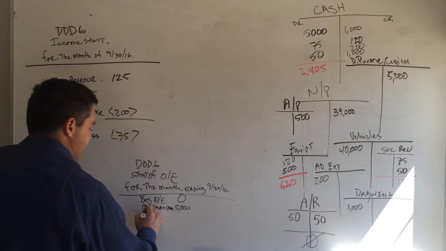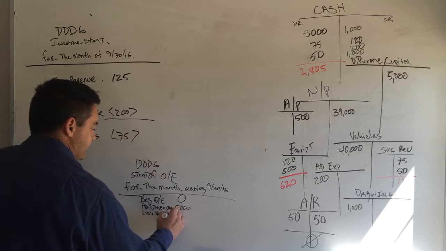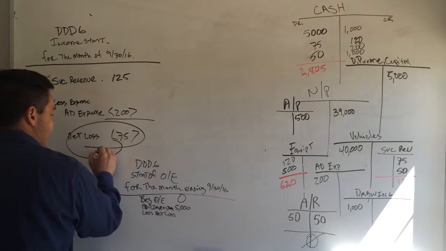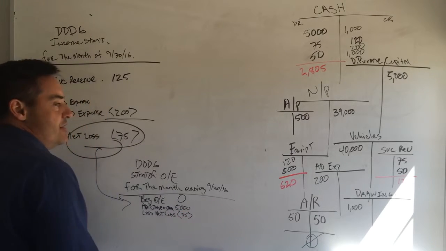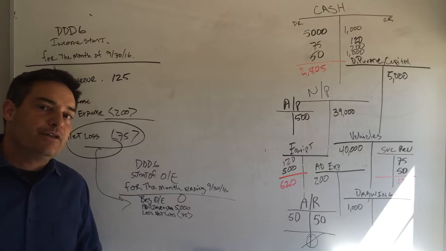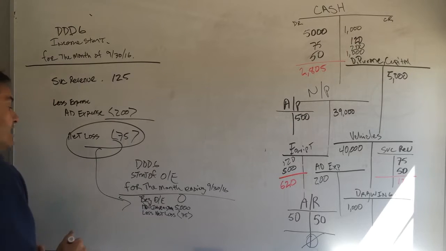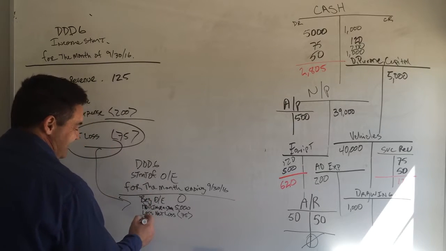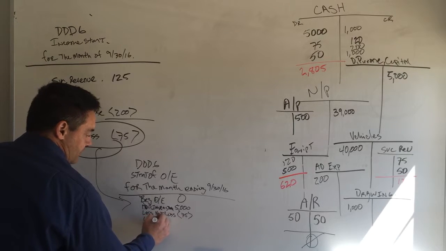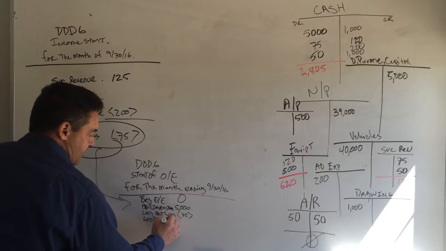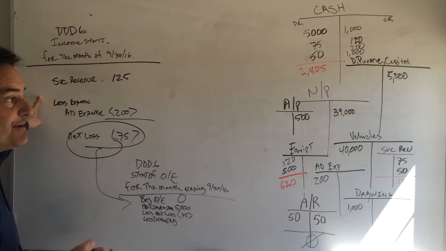Then we're going to subtract out less net loss, which is coming from the income statement. So we're going to subtract out the net loss of $75. Obviously, if we had a net income, then we would add the net income to the statement of owner's equity. The last thing that we need to do is subtract out less the drawing, right? Less the drawing. Now notice the drawing did not go on the income statement because the drawing is not an expense.